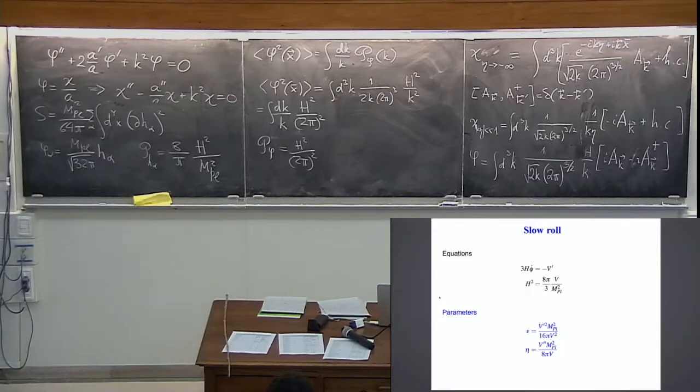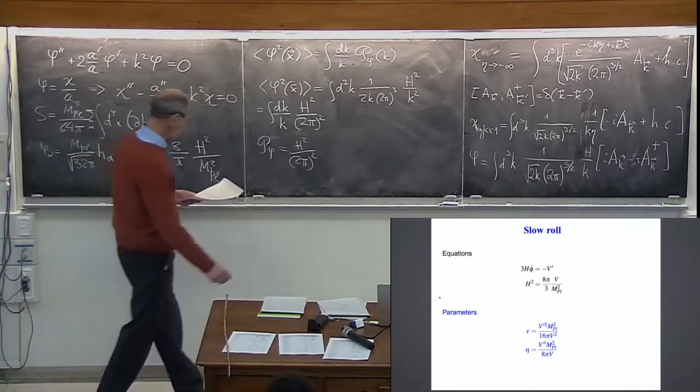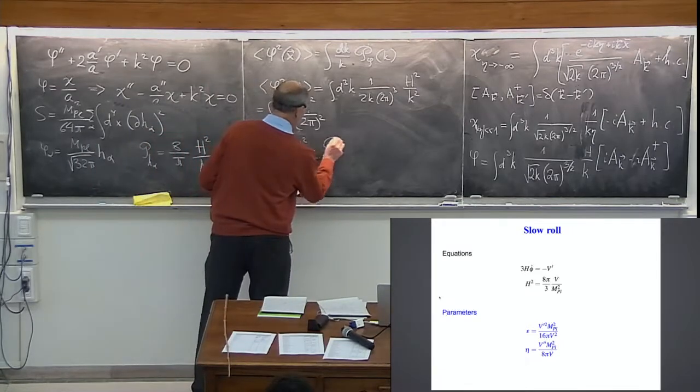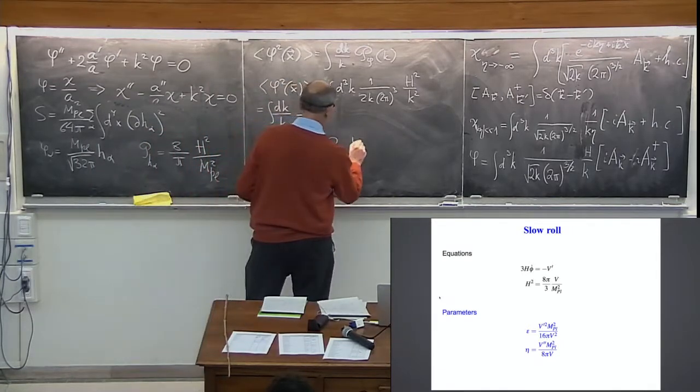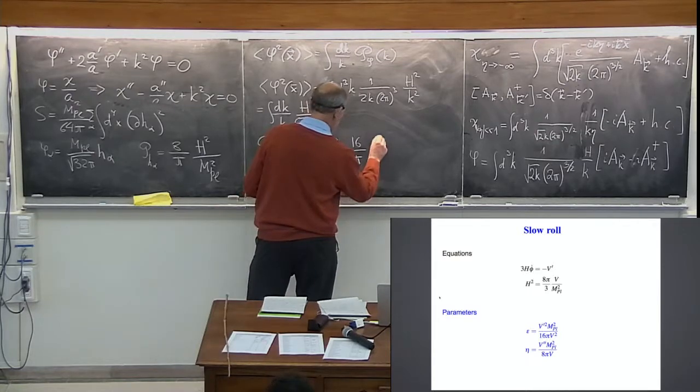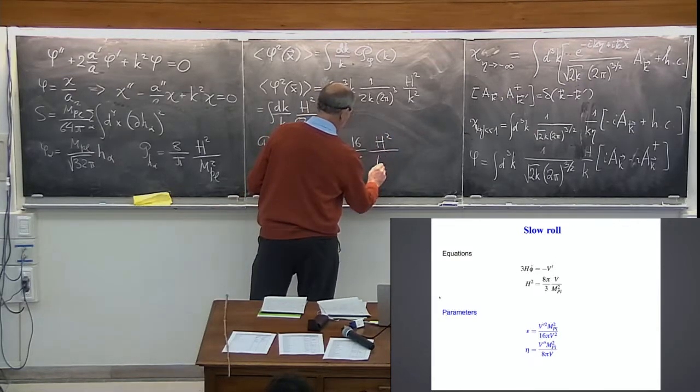Okay, so the total power spectrum for tensor perturbations, you sum up over the two polarizations, that's the final answer, is 16 over pi, H squared over M_Planck squared.